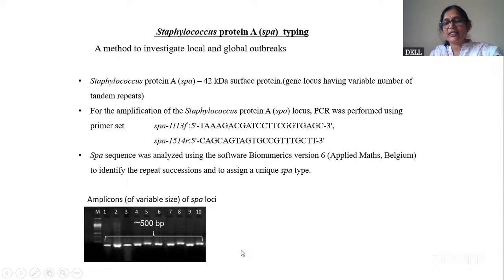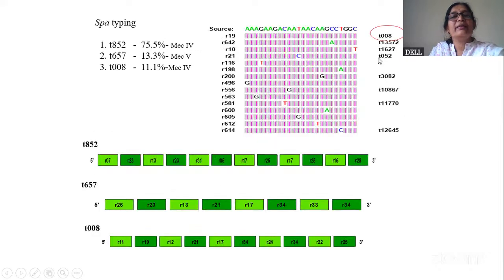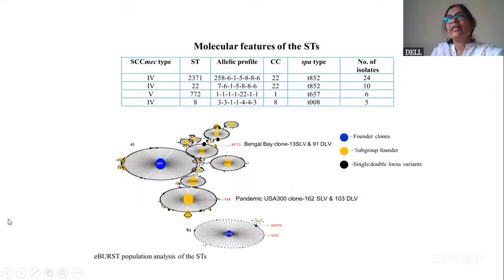These were again sequenced, and then SPA typing was done. This is the kind of repeats we get, and depending upon that, we get different SPA types like T852, T657, etc.